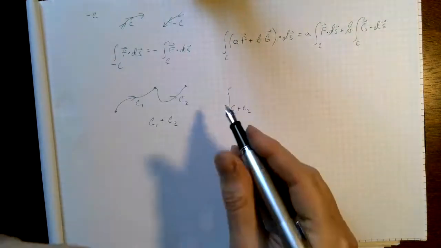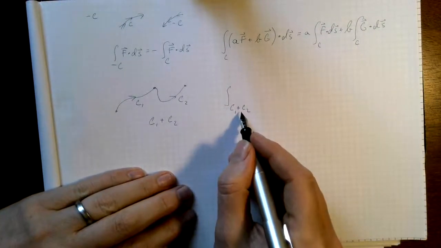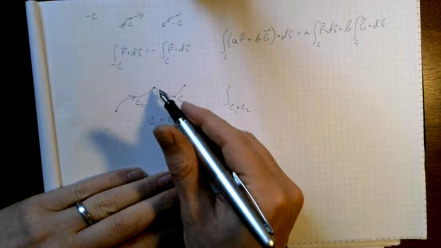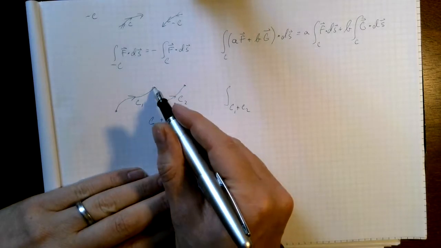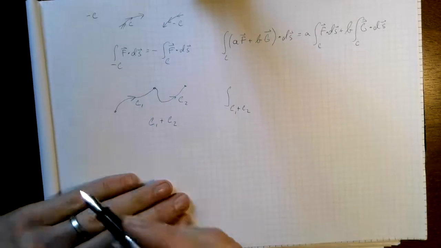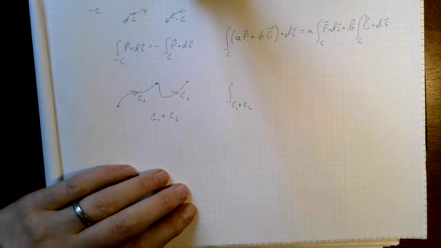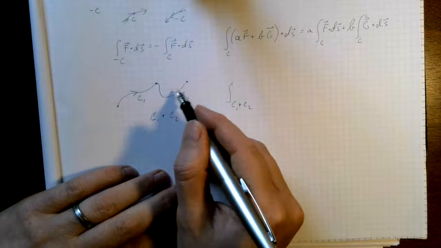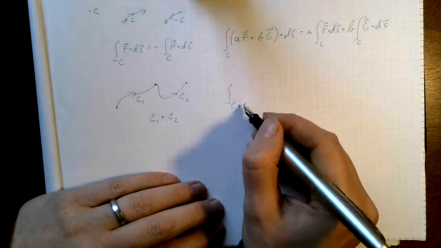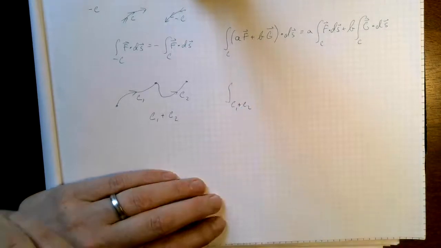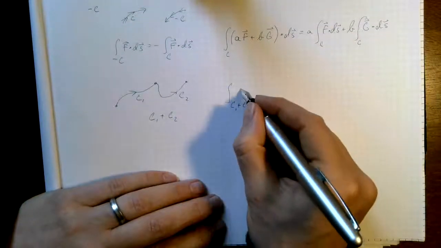So you can parameterize this thing however you want. Maybe you can parameterize it in the same way as C1, and then start over here and go with C2. You can use both of those parameterizations. Maybe you have to sort of shift the time for one of them. It doesn't really matter how you parameterize, but somehow this is the total path.